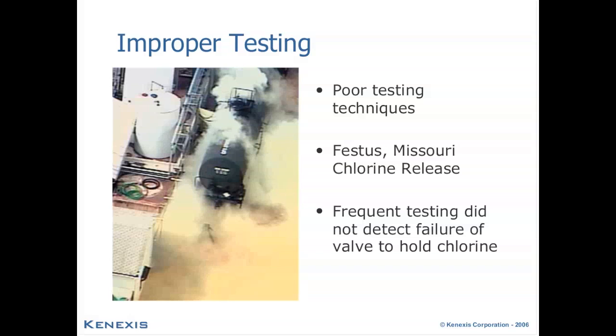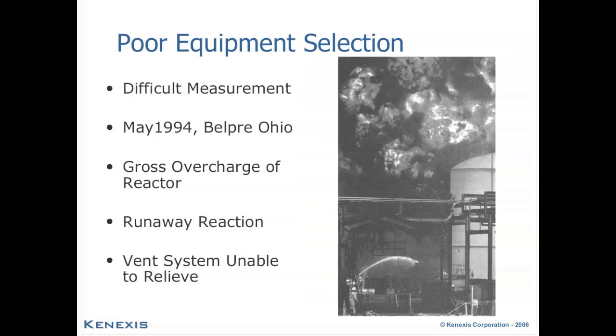That system did activate in this case. However, the valves did not properly seat and prevent the chlorine release on either side of the ruptured hose. Those valves had been tested, and very frequently tested, but in an improper manner that failed to prove they are actually capable of preventing flow through a ruptured hose.